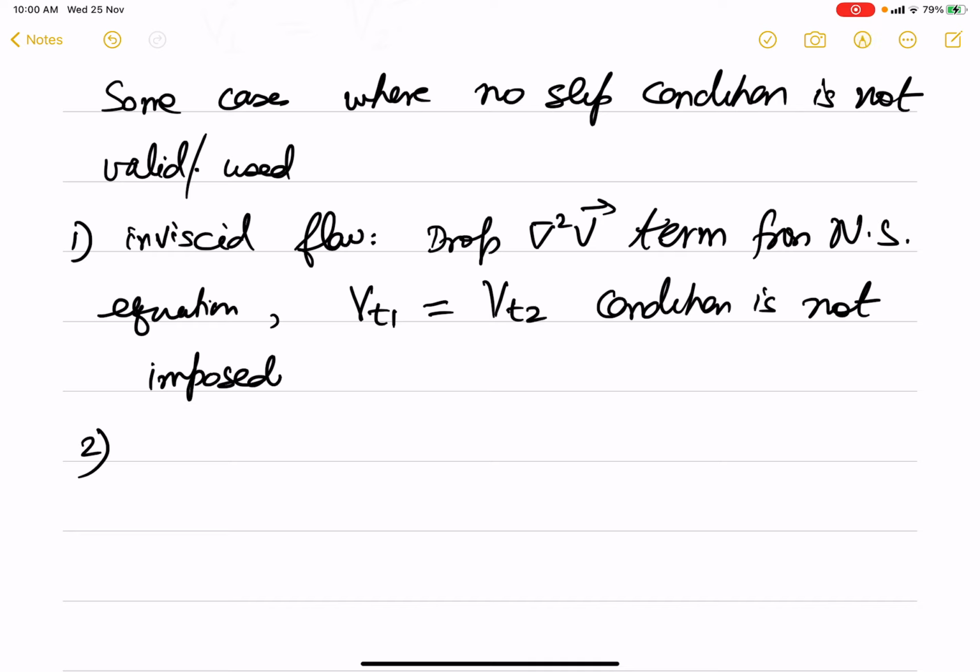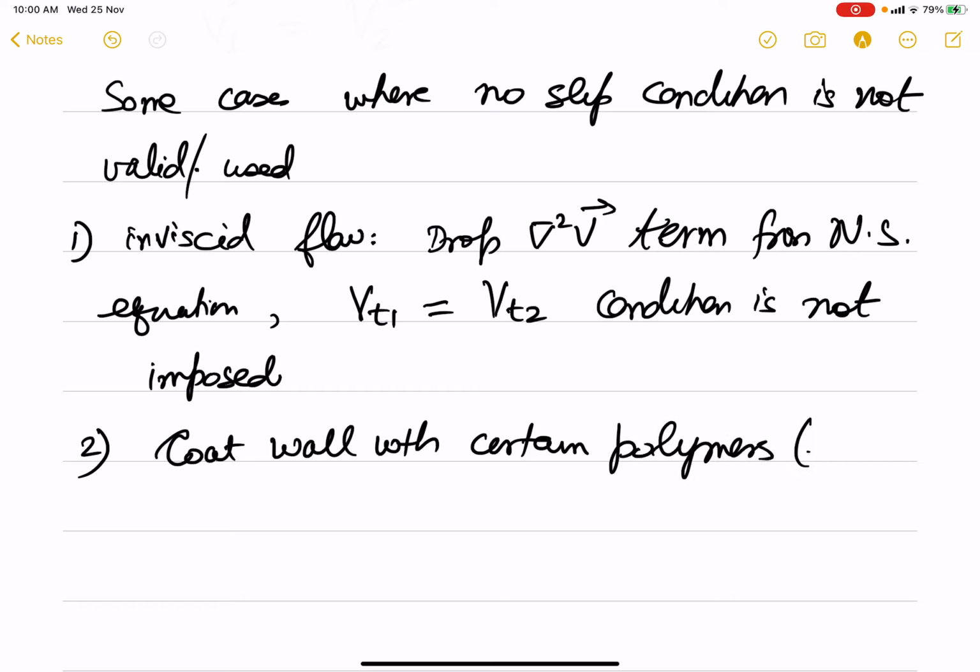Now, the other cases where sometimes you coat the wall with certain polymers, and some of these are called hydrophobic polymers, a phobic coating, which does not like water or any liquid.